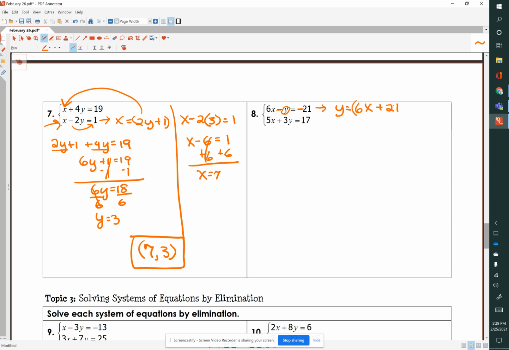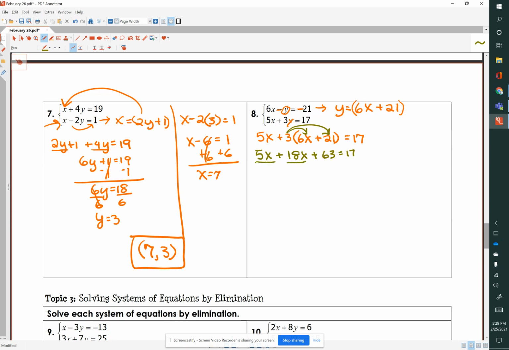So now that I have y isolated, I'm going to insert it for y in the second equation. 5x plus 3, and I've got that quantity of 6x plus 21 equals 17. Now I need to distribute. So 5x plus 6 times 3 is 18x plus 21 times 3 is 63 equals 17.